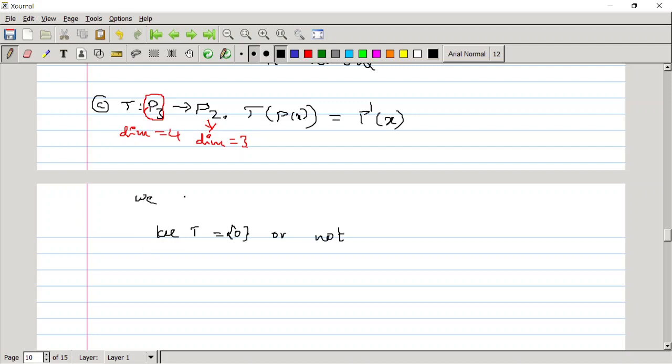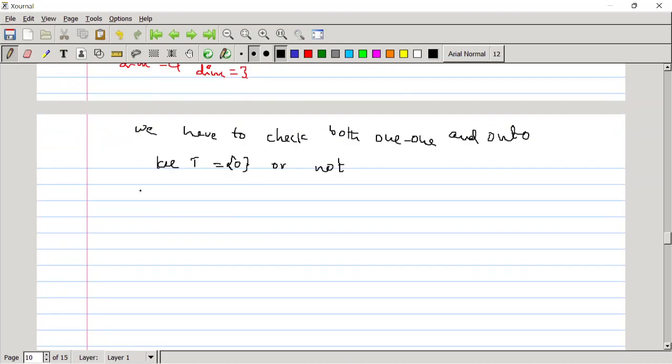Here we have to check both 1-1 and onto because the dimensions differ. So let's take a polynomial p(x) in kernel T. That implies T of p(x) is 0, that implies p'(x) equals 0.